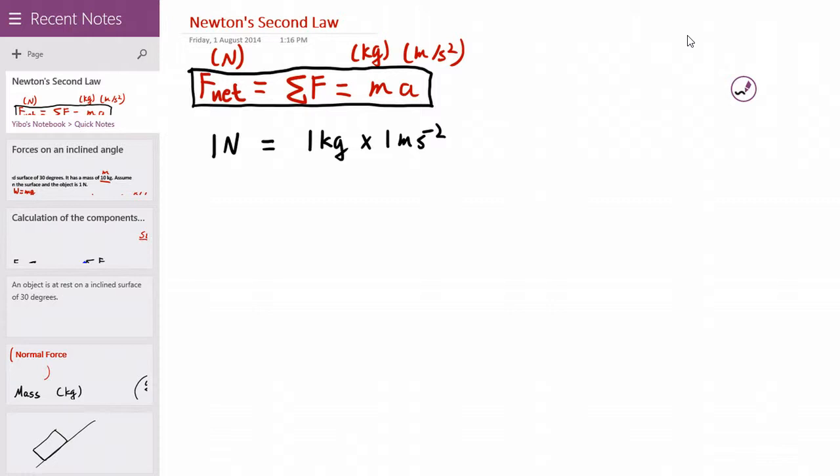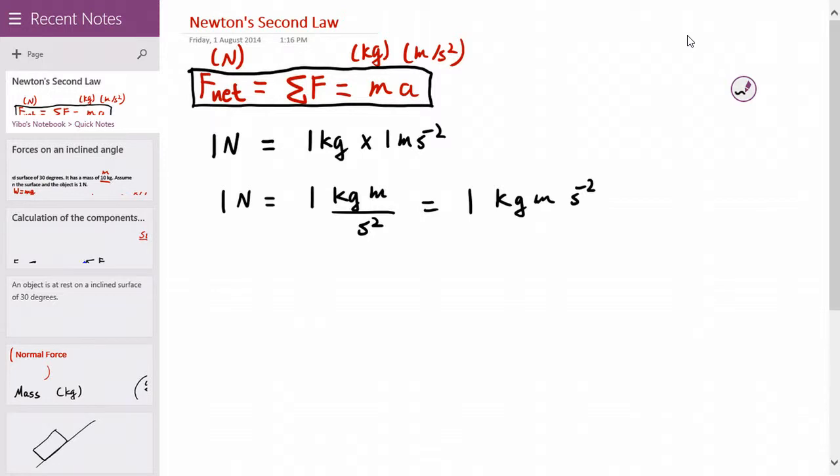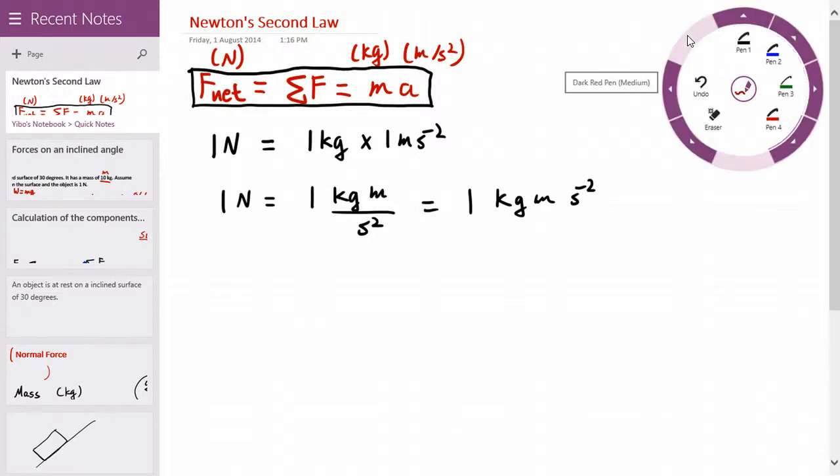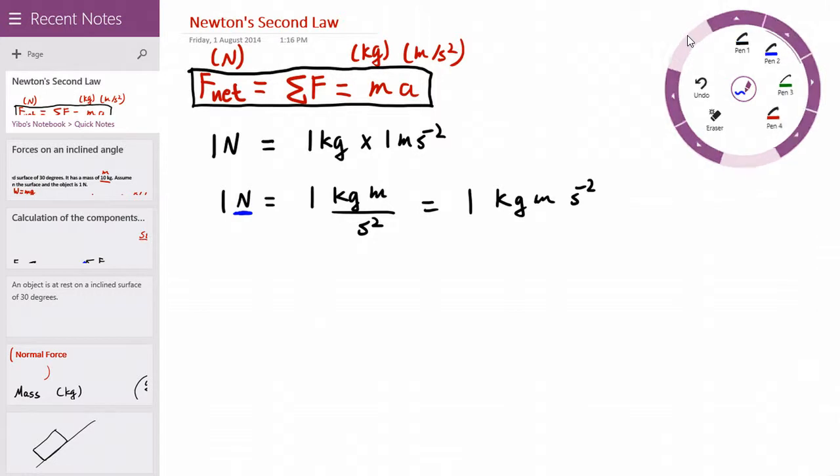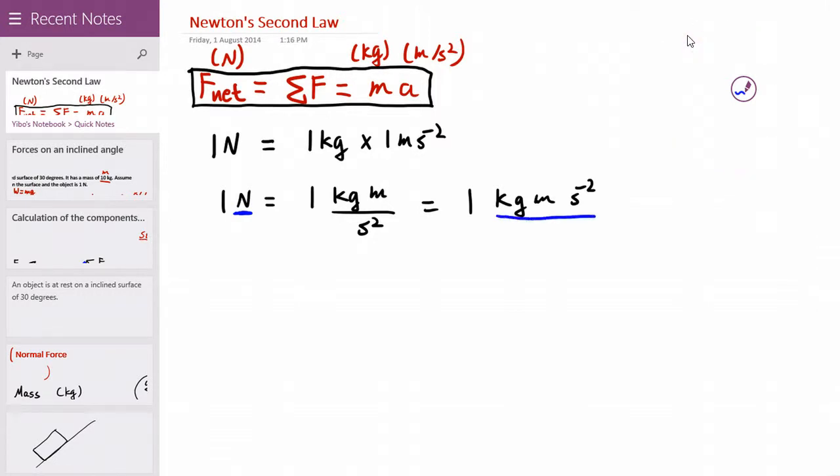So if you do the calculation, 1 Newton is equal to 1 times 1 kilogram meters per second square, or 1 kilogram meter per second square. So just remember this.